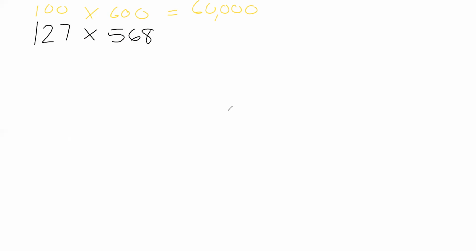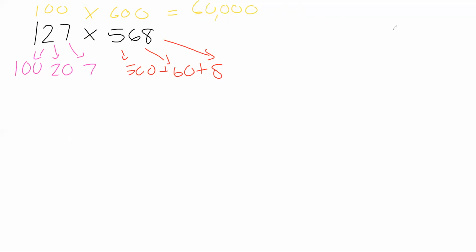Okay, so let's go ahead and run through our steps. We're going to expand the number out so we can build our rows and our columns. So this is 127 expanded out, and then 568. Okay.